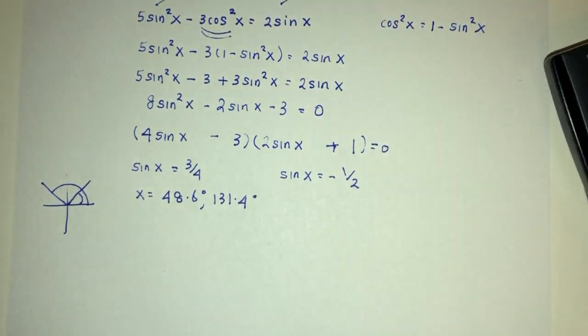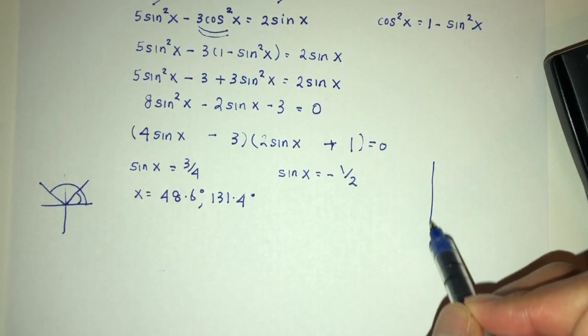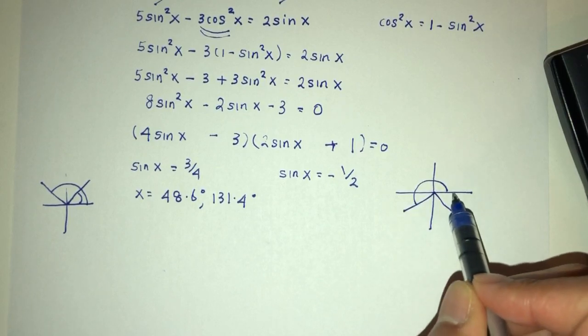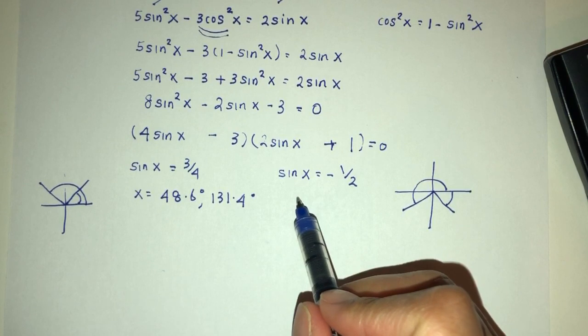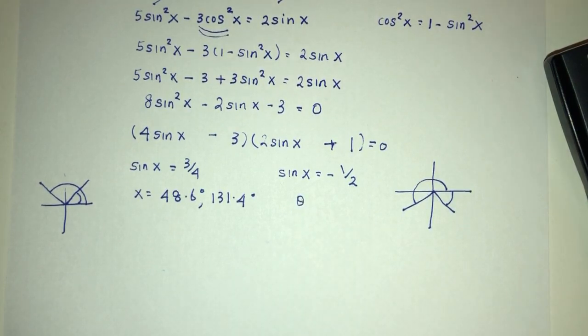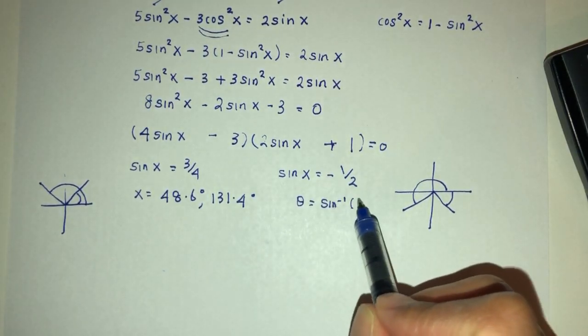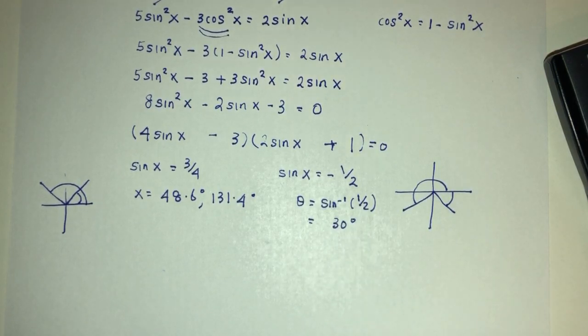Now for this one, given that sin x is negative, it will have to be in my third quadrant and in the fourth quadrant. Because it is negative, I will use a trick. I will first find theta. It can be any angle, I will name mine theta. Theta will be sine inverse of the positive value, so that will be 30 degrees.